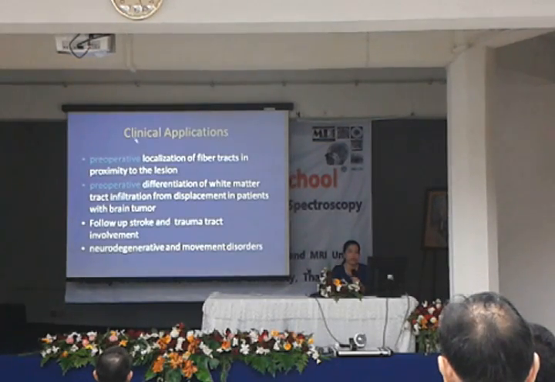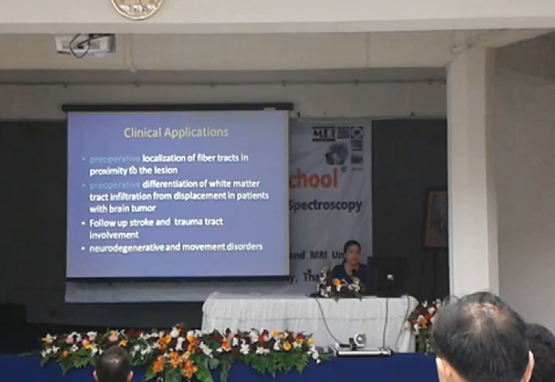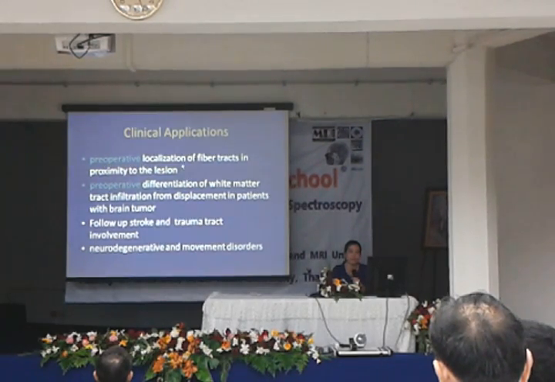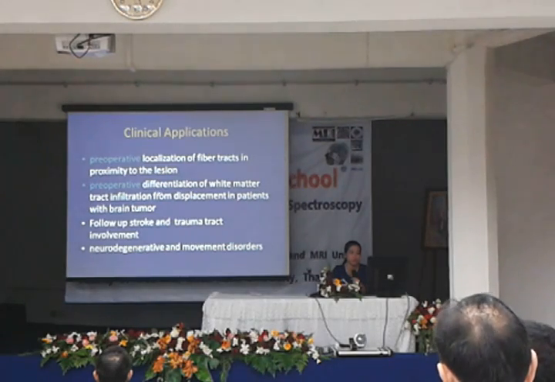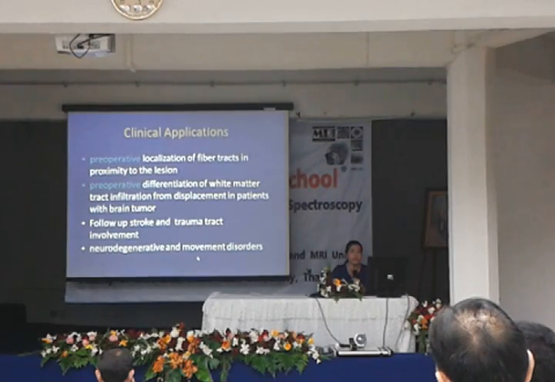For clinical application right now, we use DTI for pre-operative localization of the fiber track, its proximity to the region or mass, especially in brain tumor, or pre-op to see the white matter that is infiltrated or just displaced by brain tumor, or in stroke or trauma cases, or even neurodegenerative or movement disorders.